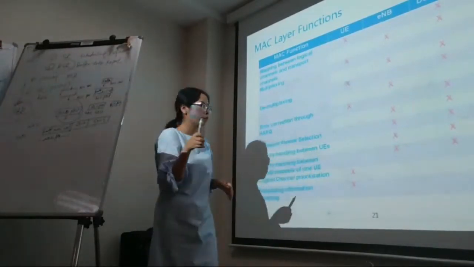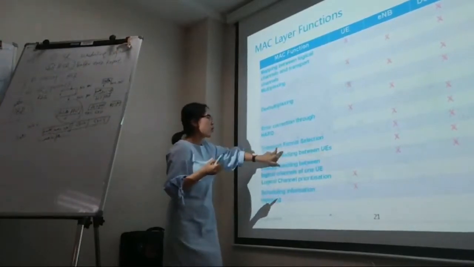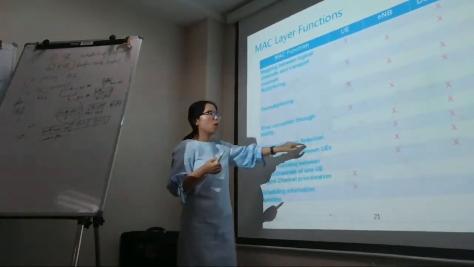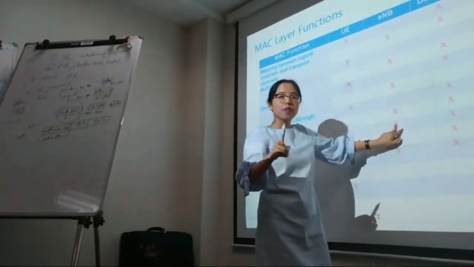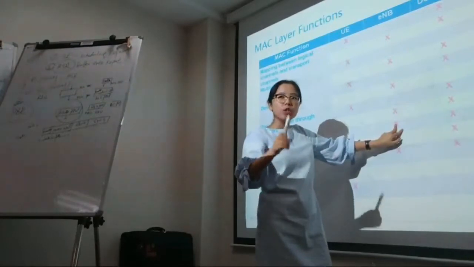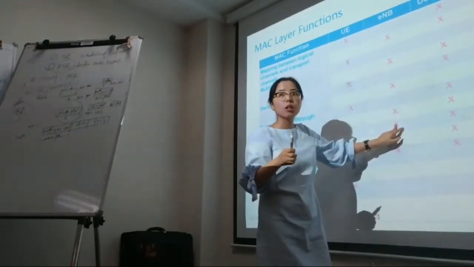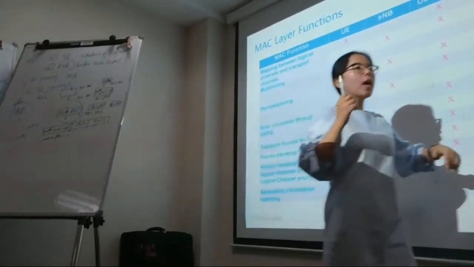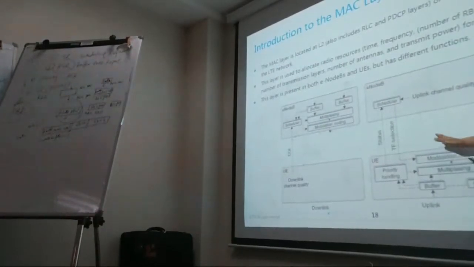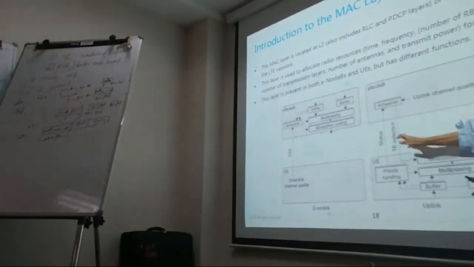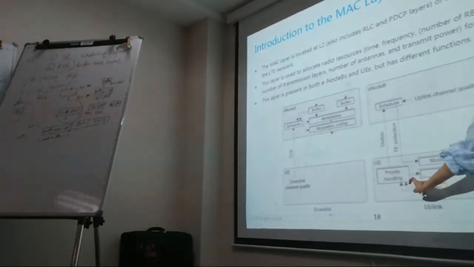And for transport format selection, it's only in the eNode B. That means the eNode B decides which MCS the UE uses. It cannot be decided by the UE. So in the upper picture, you can see the UE reports to the eNode B, which selects the format for the UE.